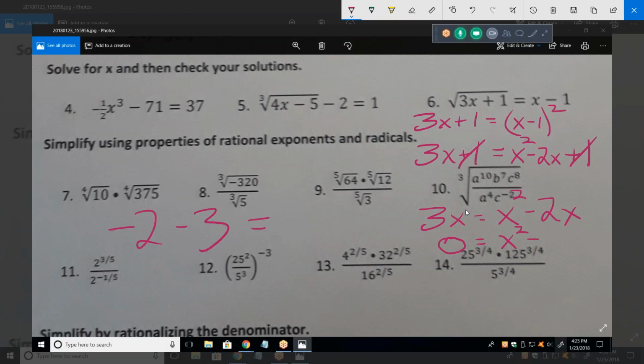Do it on your calculator. -5x. Okay. I wanted to make sure you could do it on your calculator because some of the older calculators, that's not that easy to do.